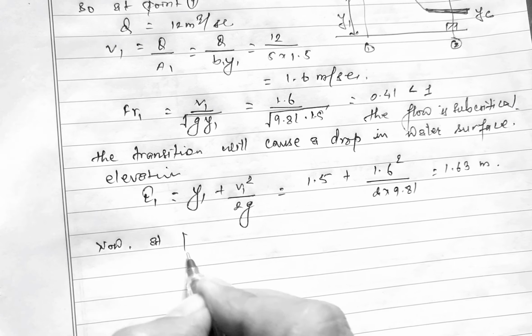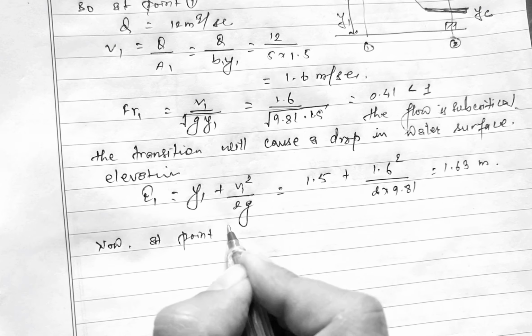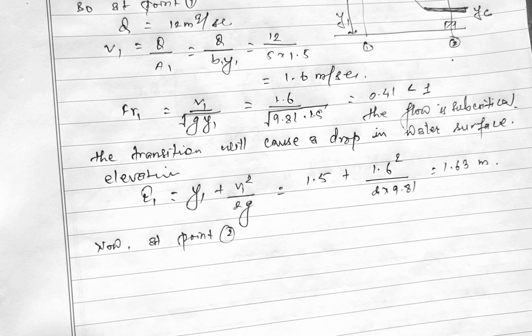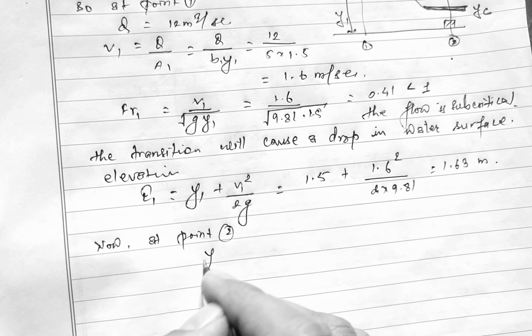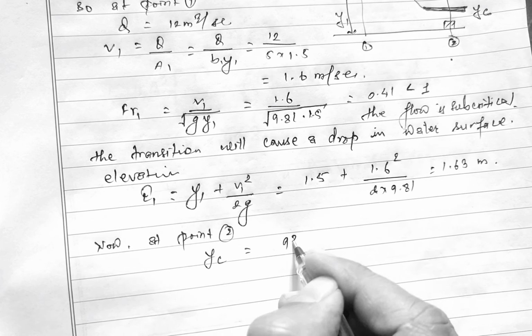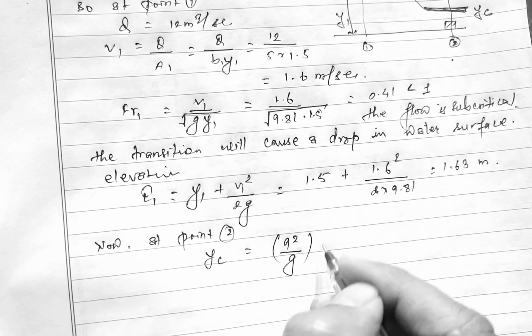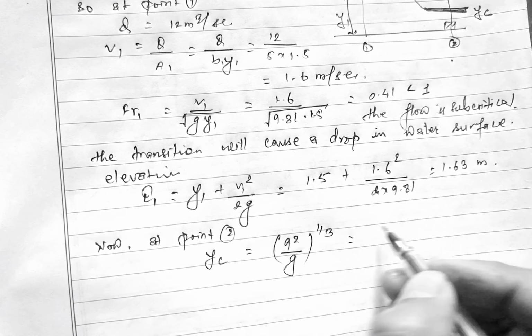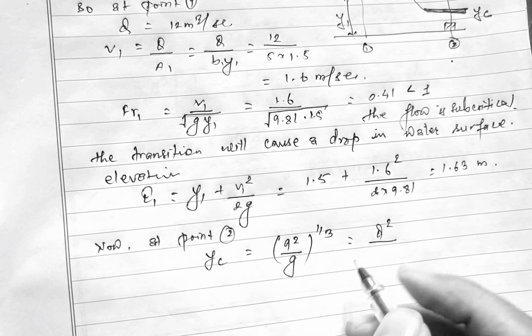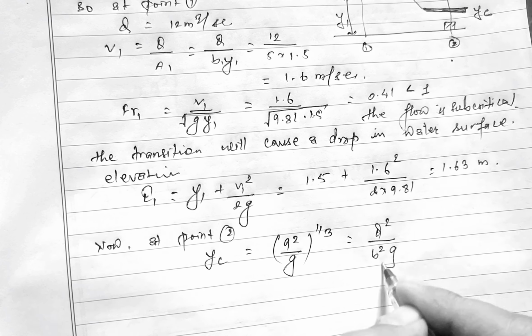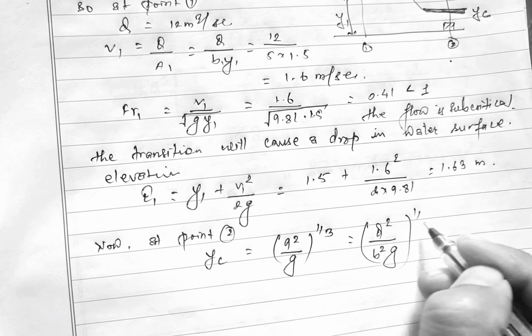Now at point 2, that is at this point, critical depth yc equals q square divided by g whole power 1 by 3, which can be written as q square divided by b square g whole power 1 by 3.